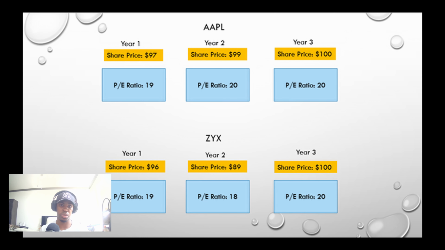And so as you can also see here in this example, the PE ratio may be 20, but it cannot be viewed with the same level of confidence as the PE ratio of Apple if we're contrasting it with a company in the same industry that's highly volatile, that has wild fluctuations in the share price and has inconsistent earnings.